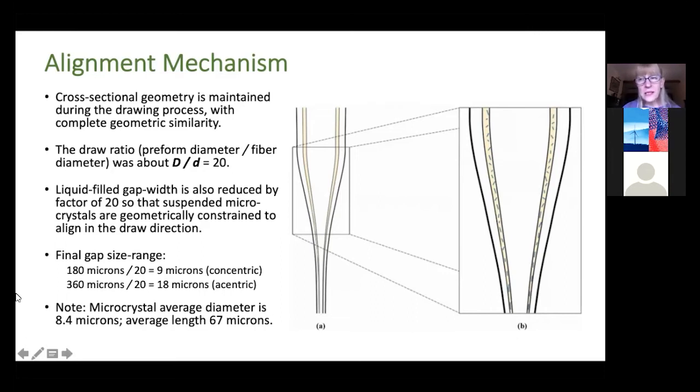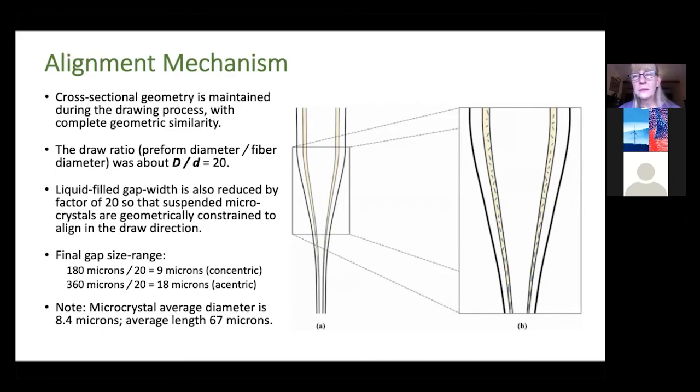In these experiments with the KLF microcrystals that I showed you, the draw ratio was about 20. So the preform diameter divided by the fiber diameter was roughly 20. In most draw processes, it's easy to achieve draw ratios of 100 or less.